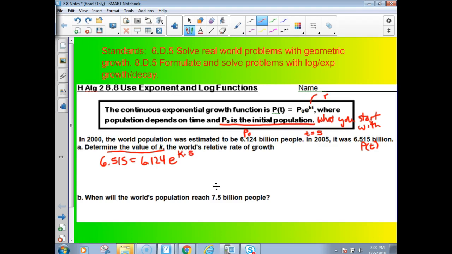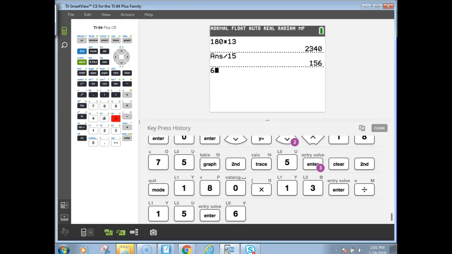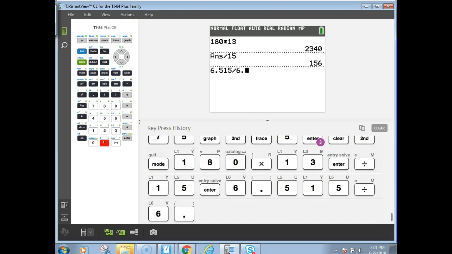All right, so then we are going to solve this. First, we're going to need to divide by 6.124 and get a nice, lovely long decimal. 6.515 divided by 6.124.